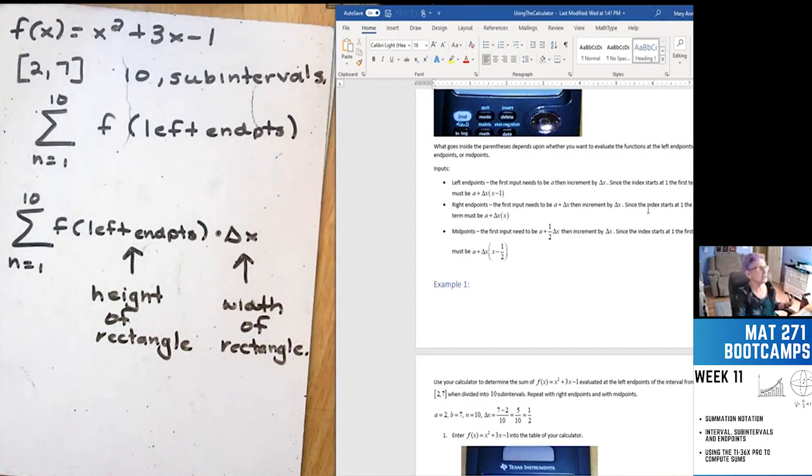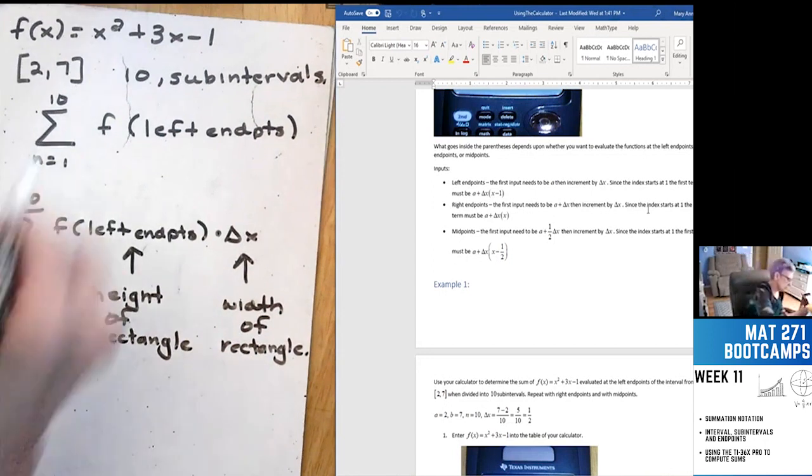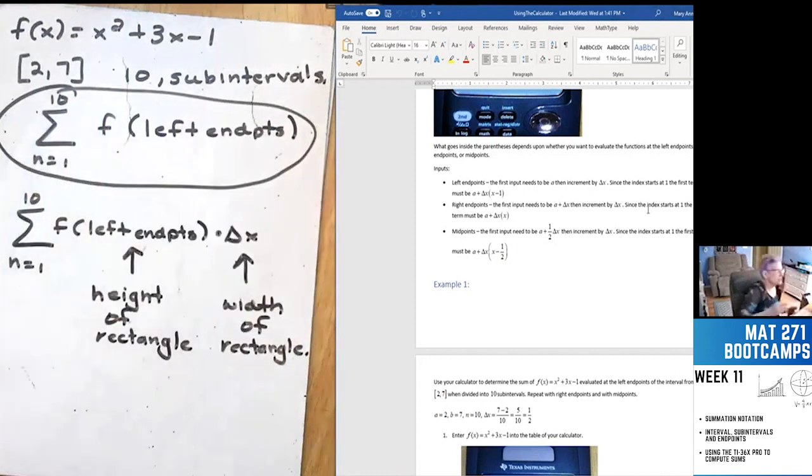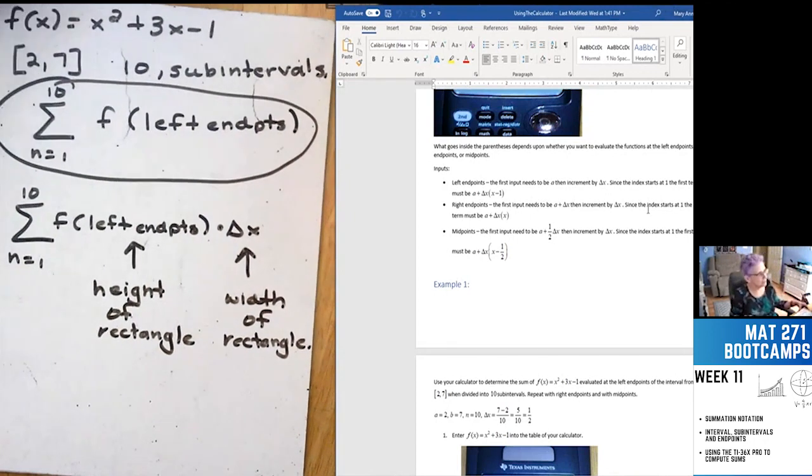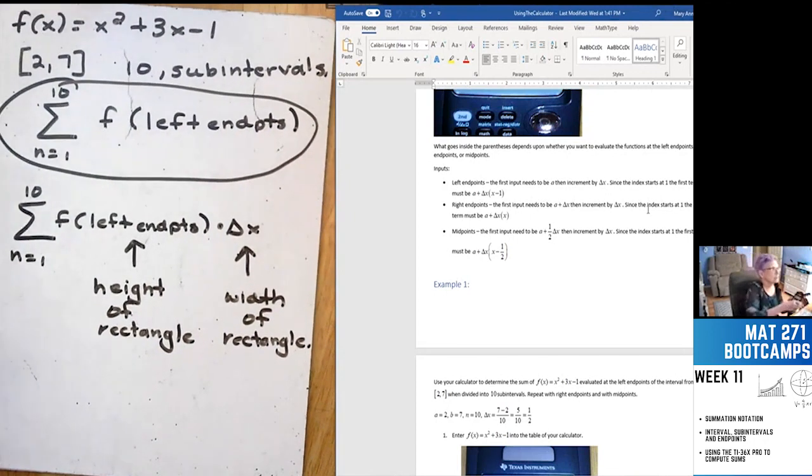But let's just learn how to use the calculator first. So we'll start with this slightly simpler thing. Do the sum as n goes from 1 to 10 of f evaluated at the left endpoints.